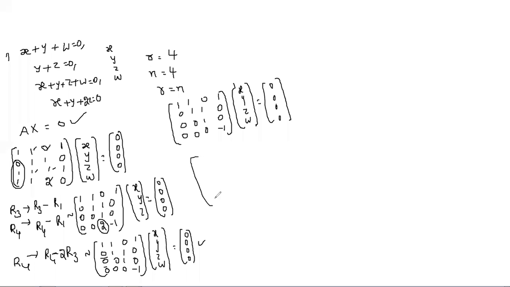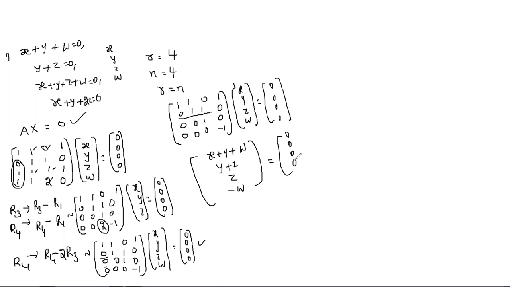So what we'll get here is 1 into x, 1 into y, and 0 into z, 1 into w. Next, second equation with this column: 0 into x, 1 into y, and next z. From the third one, only z, and the fourth one only minus w. So 0 into x, 0 into y, 1 into z, 0 into w, and the same way for the last one. So this is equal to 0, 0, 0, and 0.